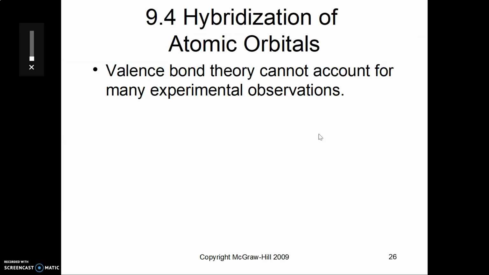All right. So what we actually have to do, though, is that valence bond theory cannot account for a lot of experimental observations, right? So oftentimes what you'll see is we have to modify theories, we have to tweak theories, we have to adjust theories.